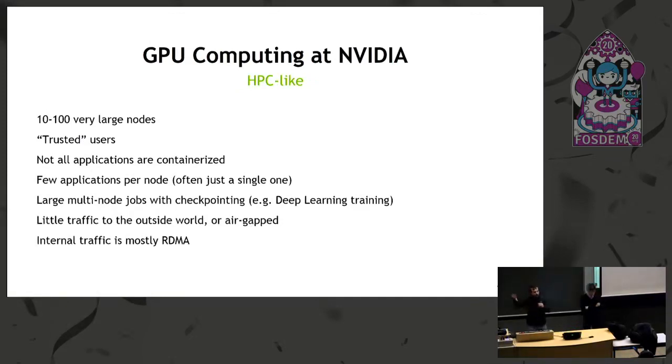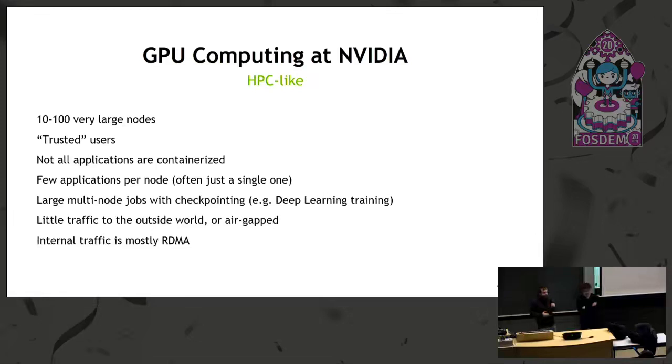Going to what we do at NVIDIA, as you've seen, we have very large nodes, and we kind of trust the users because our clusters are sometimes air-gapped or have very little access to the outside. If someone hacks the cluster, if someone uses a 0-day on our cluster, we're just going to fire him, and that's pretty much it. We run trusted code on our clusters. Also, not all applications are containerized.